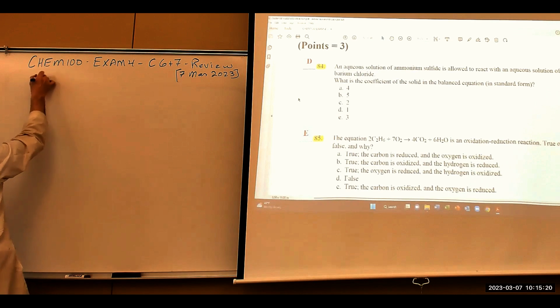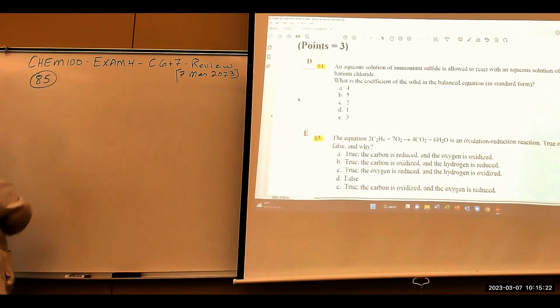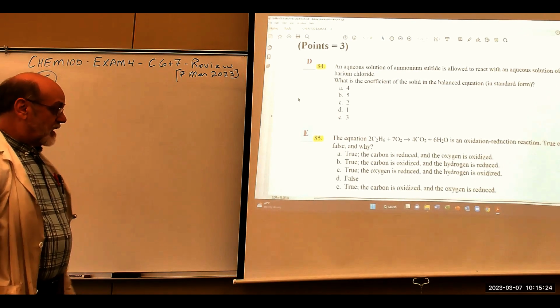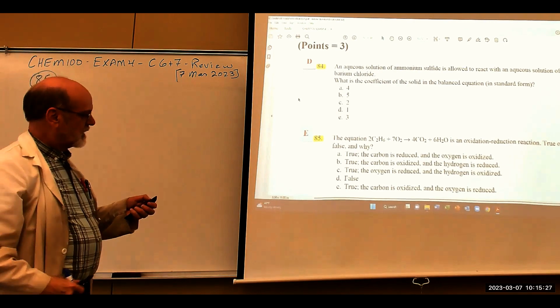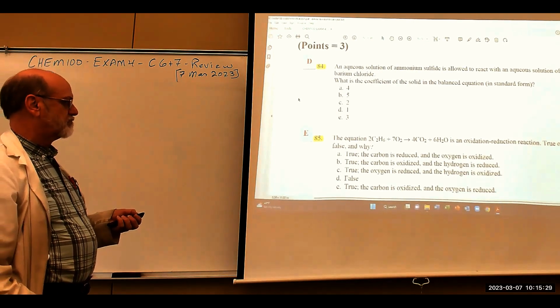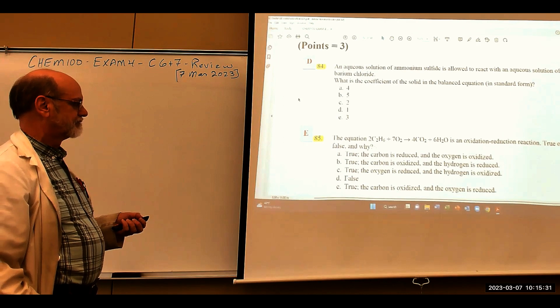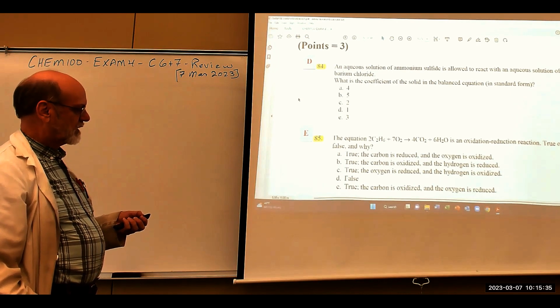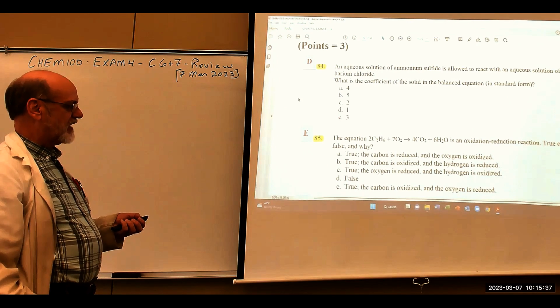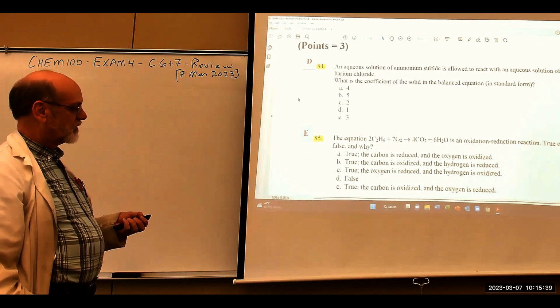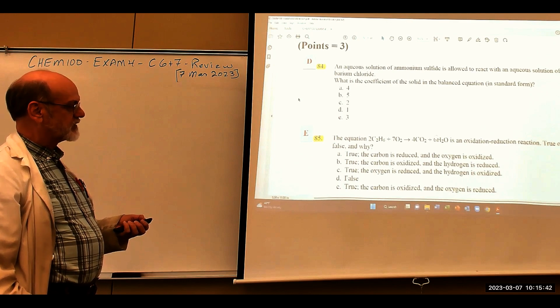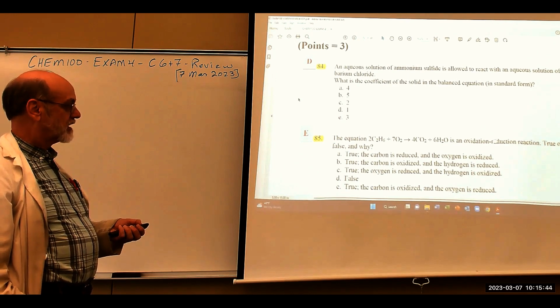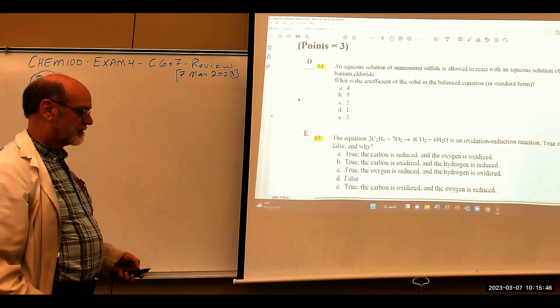Number 85. The equation: this is ethane, an organic gas. Hydrocarbon plus oxygen yields 4 carbon dioxide and 6 water as an oxidation reduction reaction. True or false, and why?